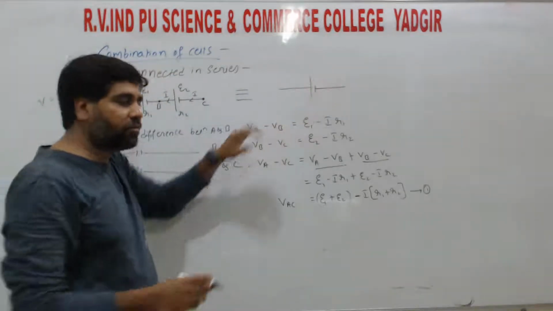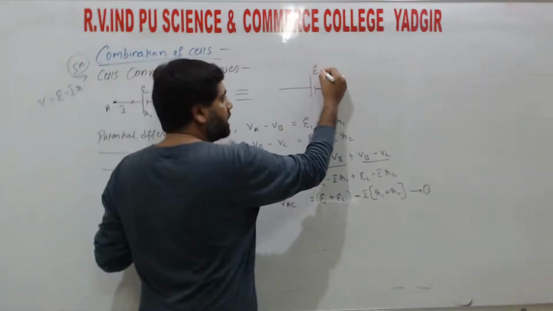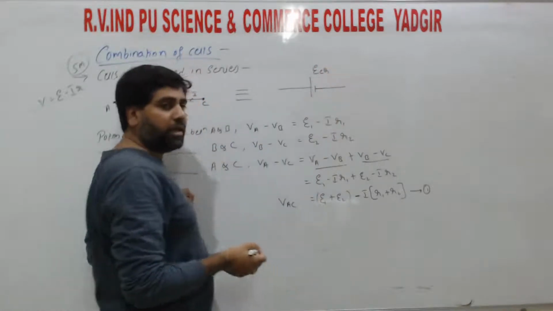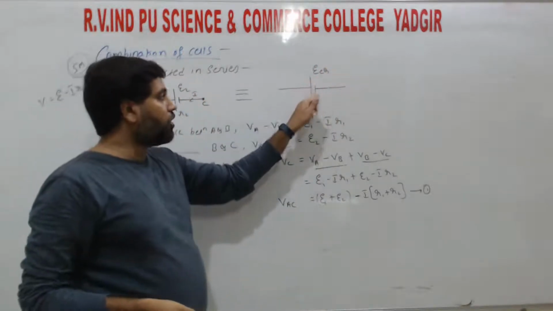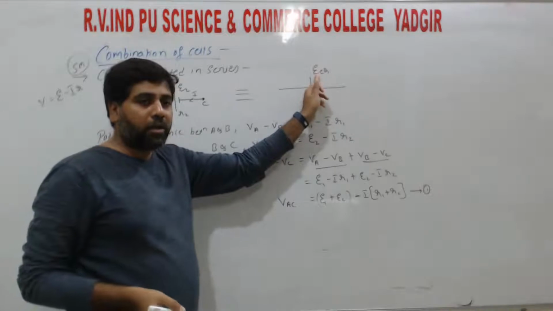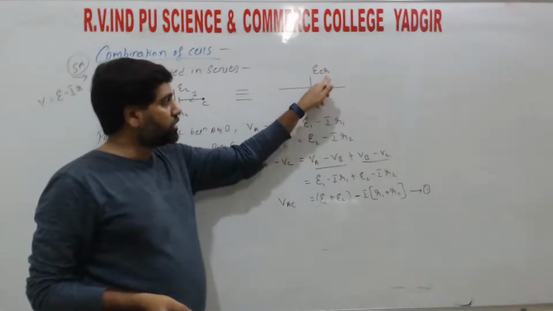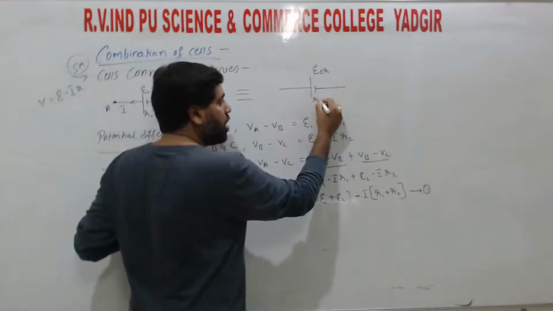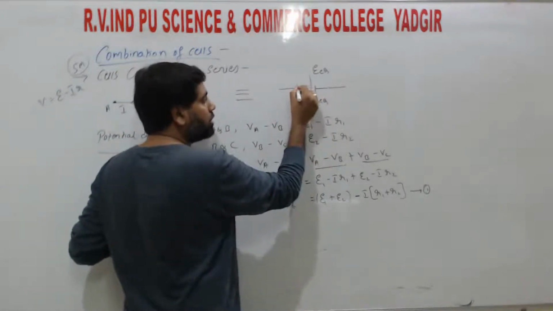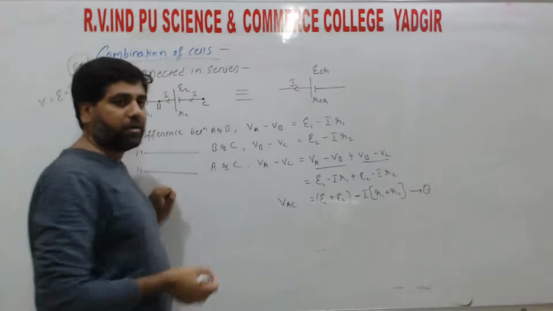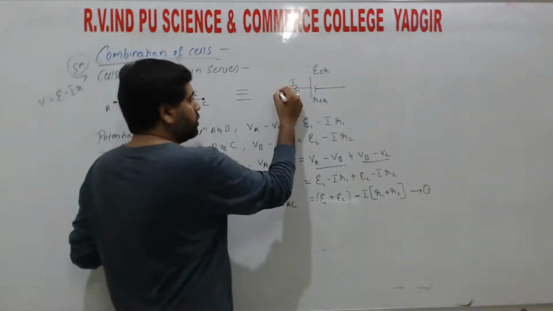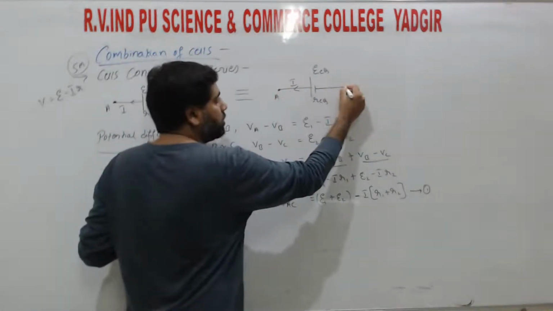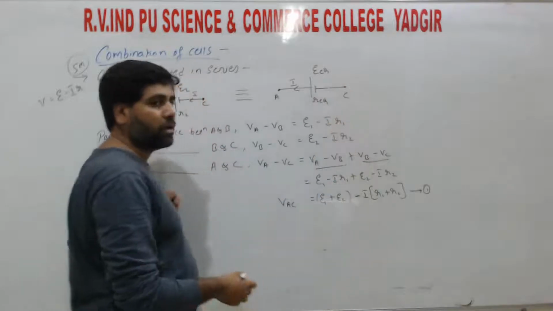So that's why we call this the equivalent cell. We denote the EMF of the equivalent cell by EEQ, its internal resistance by REQ, and the current flowing is I, taking this as AC.